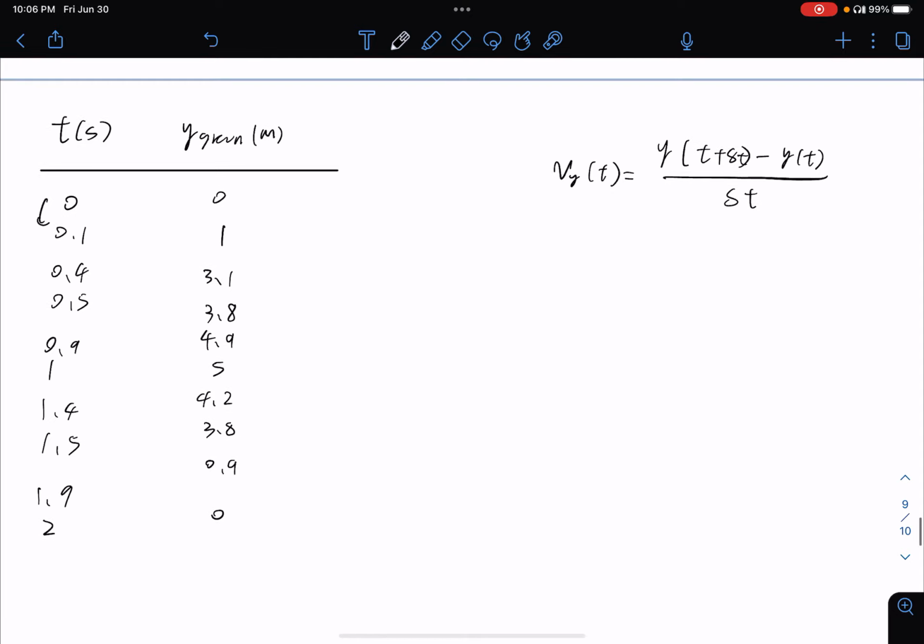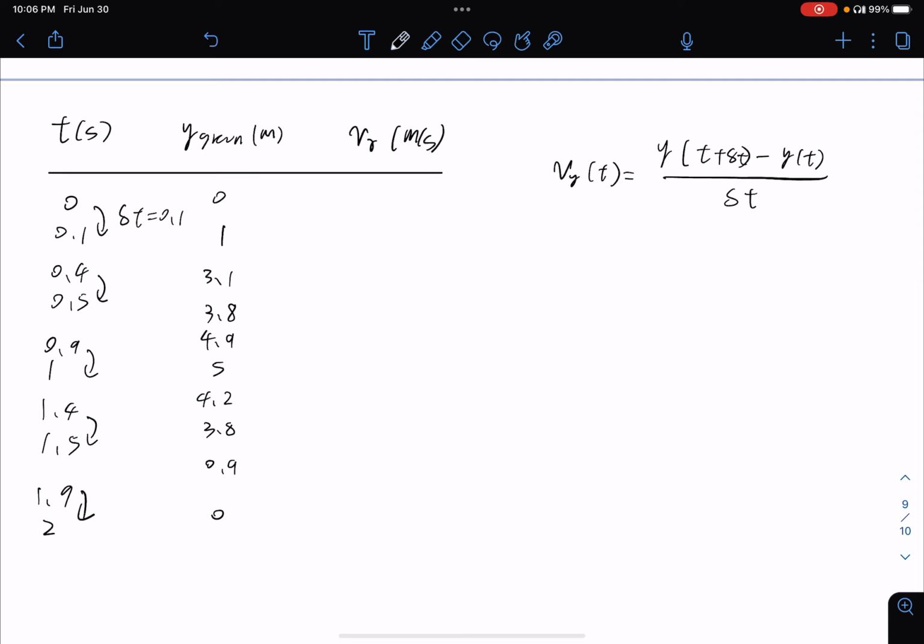So it seems like my delta t is going to be 0.1, and another 0.1, another 0.1, another 0.1, another 0.1. So I'm going to get 1, 2, 3, 4, 5. I'm going to get 5 dots for my y velocity. So let's do that. And divide by s. So the y at later time is 1.